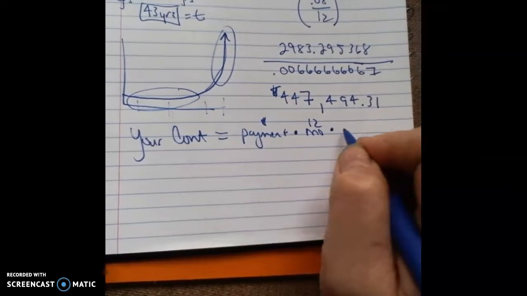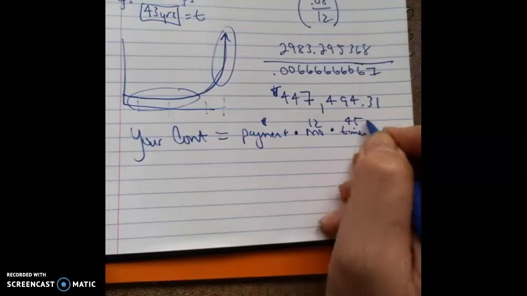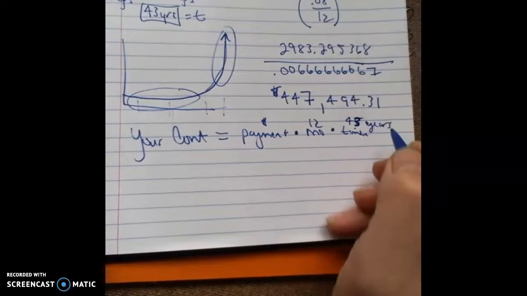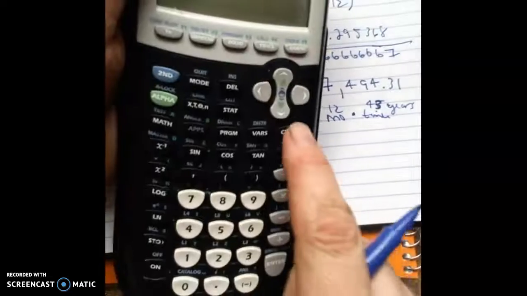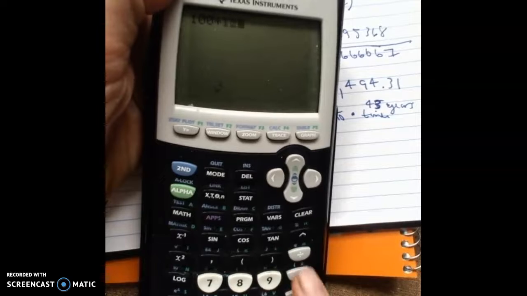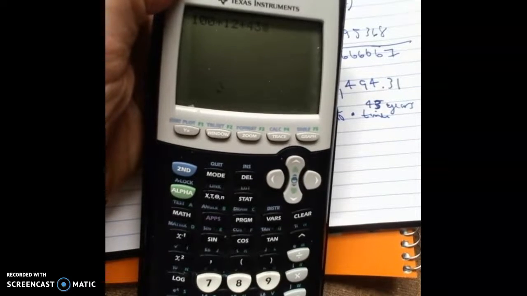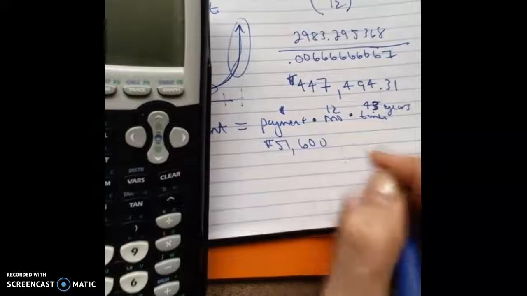And you did it for how much time? 43, oopsie, not 45, 43 years. So if you multiply those, I take our payment, which was just $100, times 12 months, times 43 years. You contributed only $51,600 of that money.